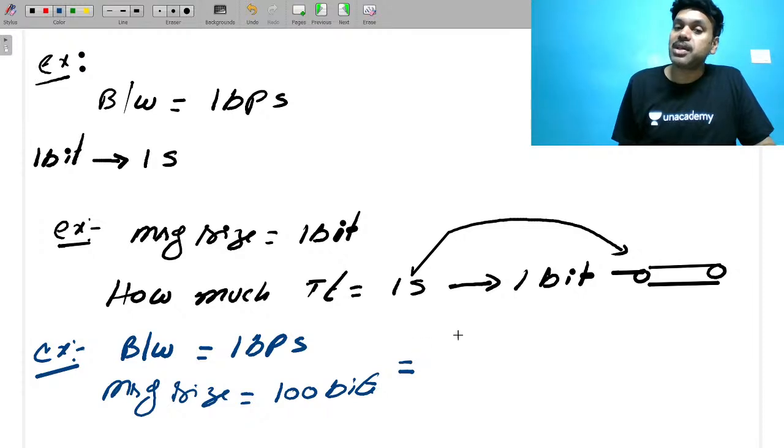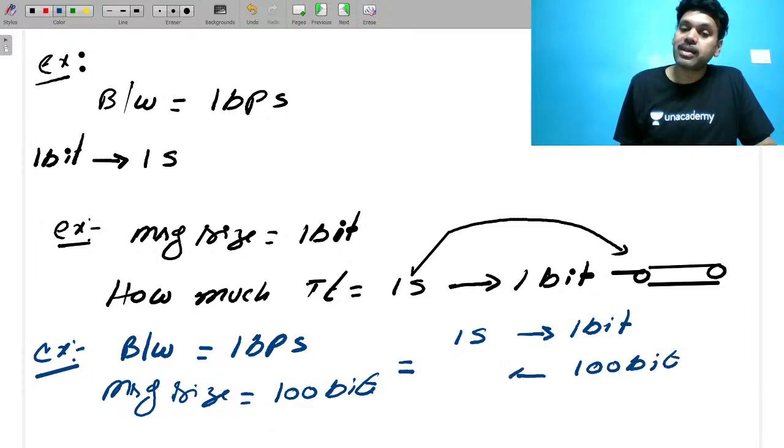What is your TT here? 1 second for 1 bit, and I want to transmit 100 bits. So how much time is it going to take? I can get this using the concept of message size divided by bandwidth.